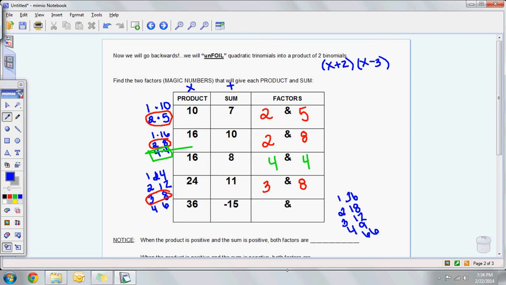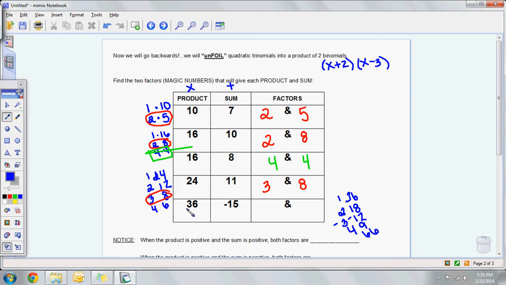Alright, so now we need to figure out what is going to give us negative 15. So I'm going to look through and see if anything gives me 15. So if I added 3 and 12, that would give me a positive 15, but I need it to be a negative 15. So what could I do to those two numbers when I add them to make the answer negative? So thinking about it, hopefully you're seeing that if I make both of those numbers negative, negative 3 plus negative 12, that will give me a negative 15.